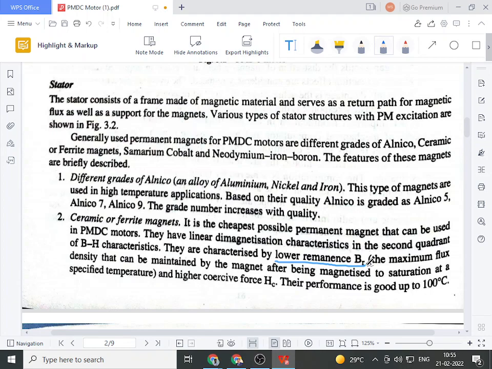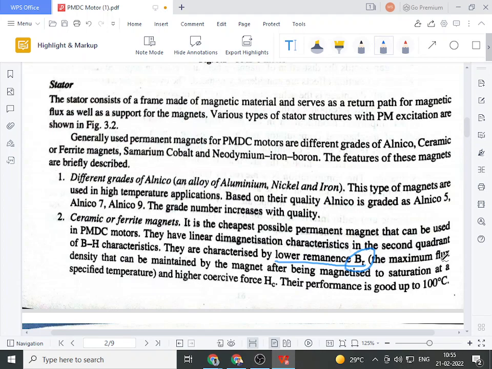remanence. Remanence is termed with flux density. It is the maximum flux density that can be maintained by the magnet after being magnetized to saturation at the specified temperature. So remanence is generally related to magnetic saturation.